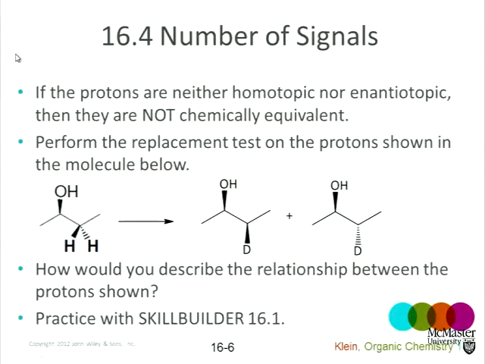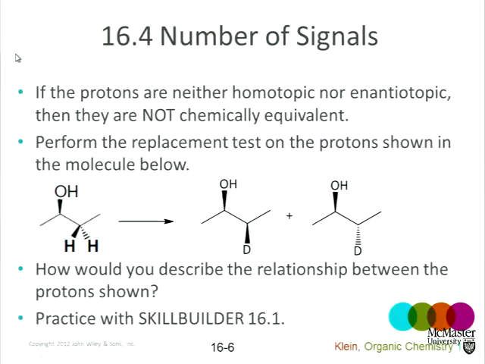And then there are protons that are not chemically equivalent. Here's a case in point. These two hydrogens, we do the replacement test, and we make two molecules which you cannot superimpose upon one another. This goes back to drawing the wedgies and the dashies, right?